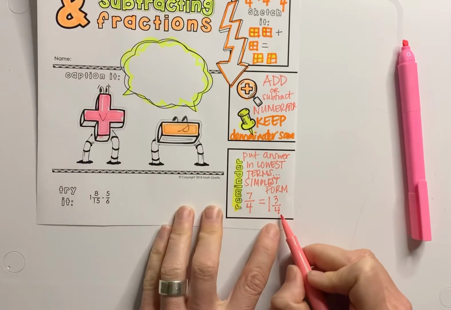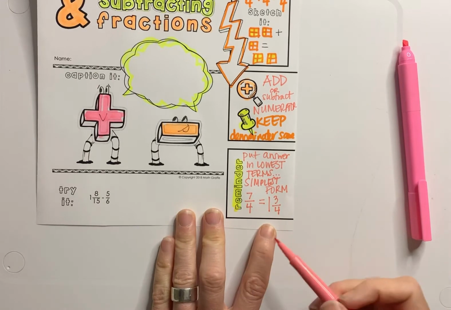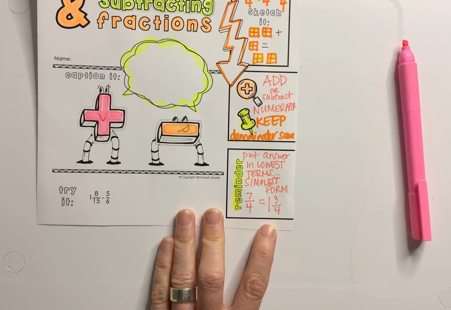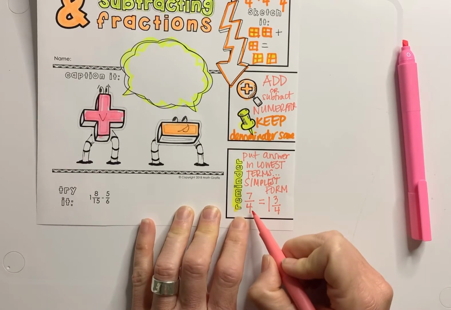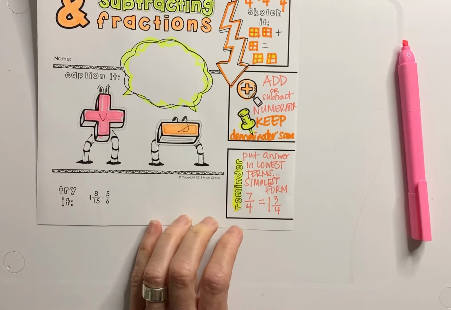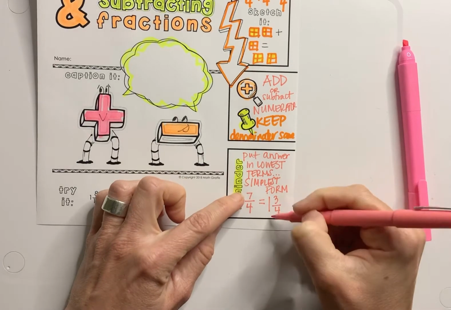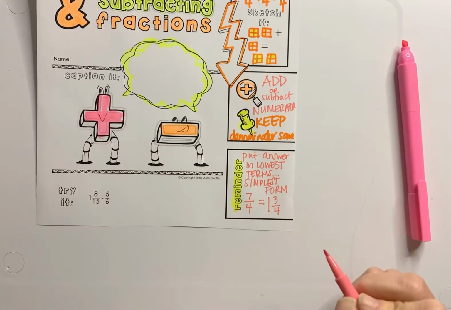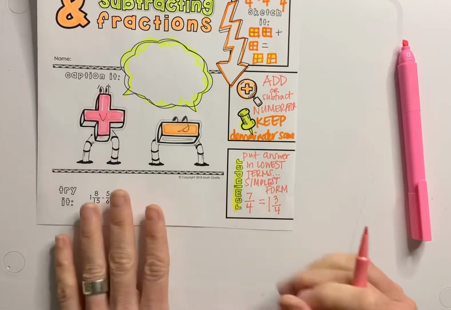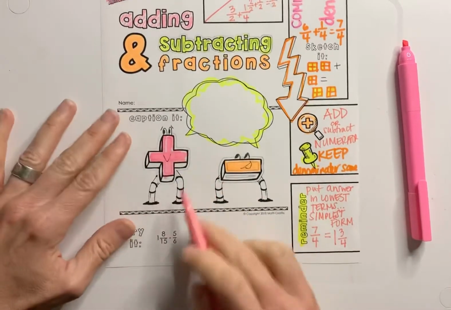Now, if we didn't quite see that visually, or if we remember how to do that mathematically, you can take your denominator and say, how many times can that denominator go into the numerator? 1 time with 3 left over, and then the denominator stays the same. Okay, now we have over here this little goofy caption.